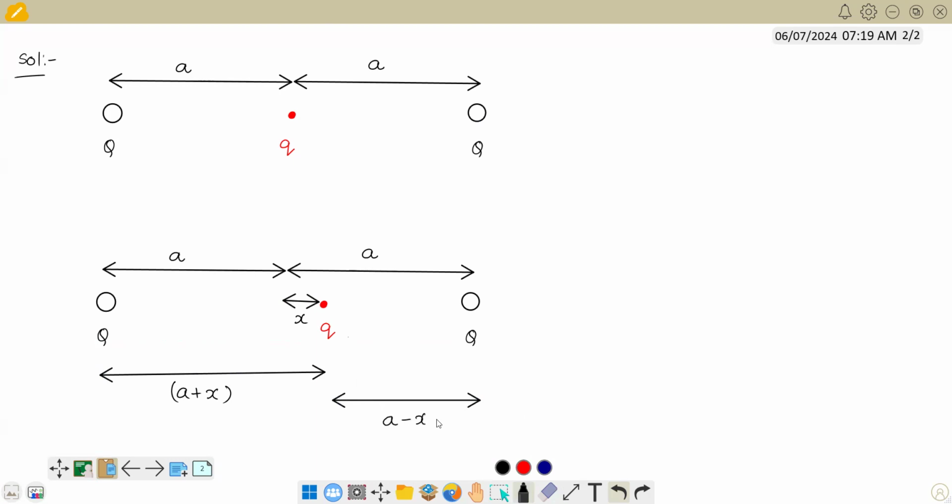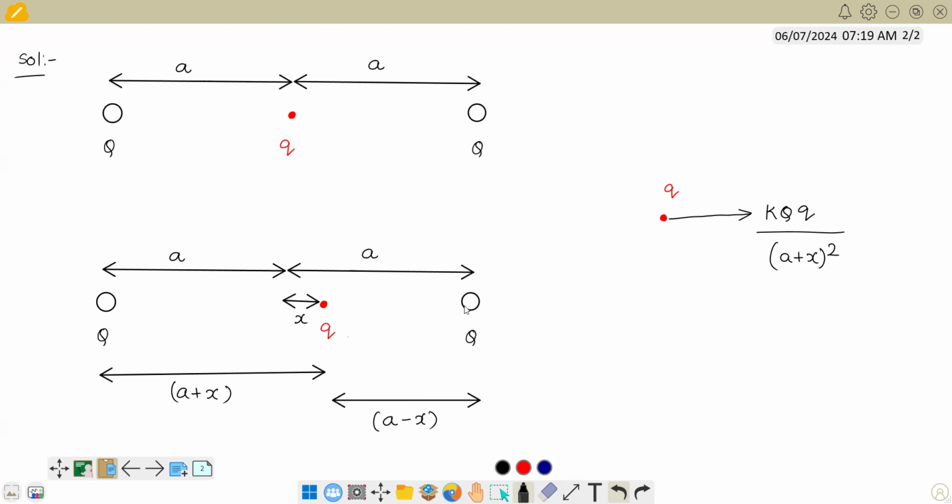So if I draw the free body diagram acting on our charge q, we have one force due to this towards the right. It would be k q1 q2 by distance squared, that is, a plus x whole squared.